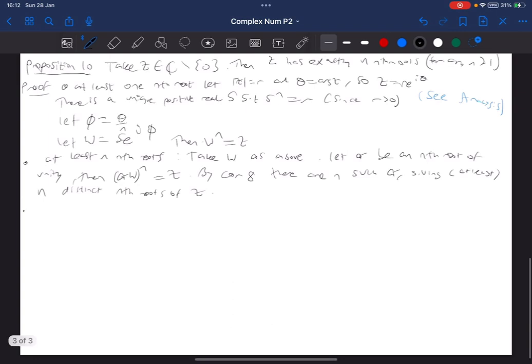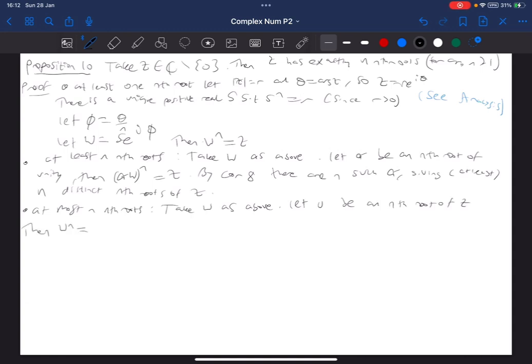The final case that we have to look at in the course of this proof here is to look at most n roots. And this is quite similar. We take w as we did above, and let's pick u, I suppose. We'll let u be an nth root of z. Then w to the power of n is then just equal to z, which is, of course, just u to the power of n from our definition.